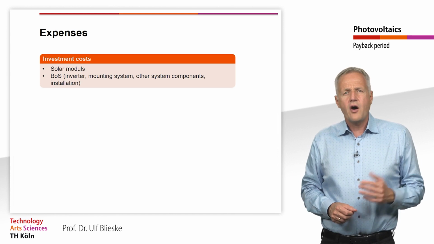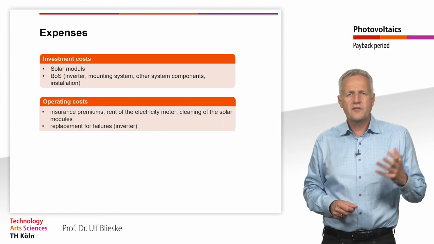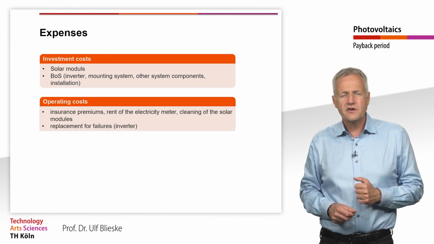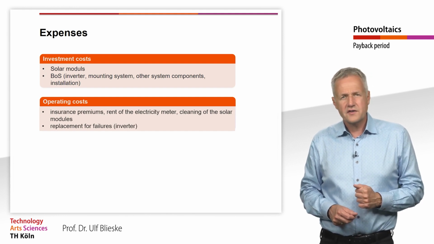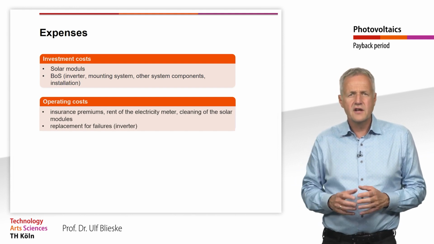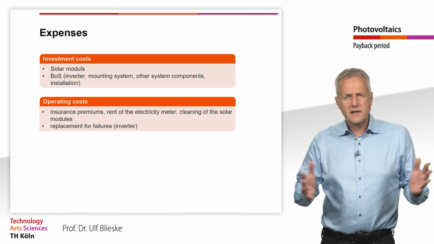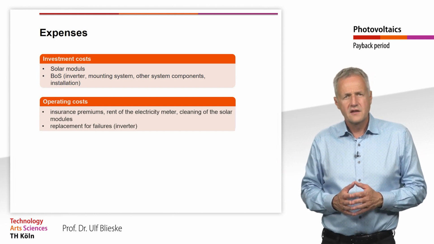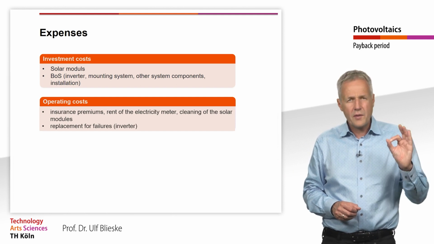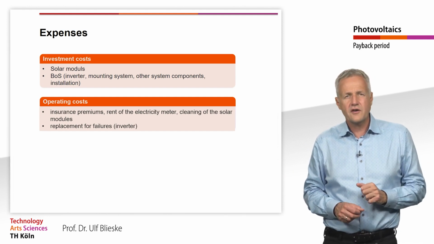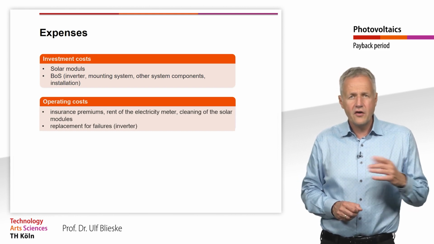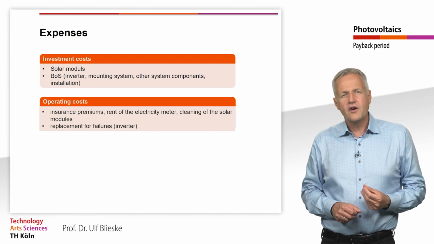Furthermore, there are operating costs, for example, for insurances, rent of the electricity meter, or the cleaning of the solar modules. In addition, defects, especially of the inverter, have to be expected during the lifetime of a plant. The annual operating costs are typically set at 1.5% of the investment costs of a photovoltaic system. They also serve to build up reserves for the replacement of the inverter.